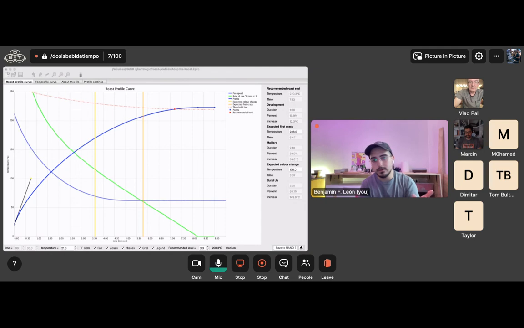In general, I will go for medium to medium light roast with appropriate development, whatever that means. I wouldn't go below 12% in general, unless a coffee really asks for that, and I wouldn't really go over, let's say, 25%, 27%, although I have in some cases.